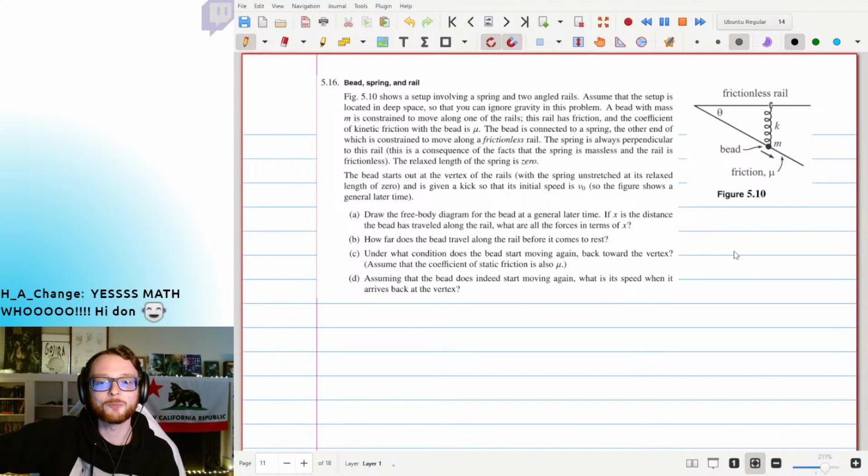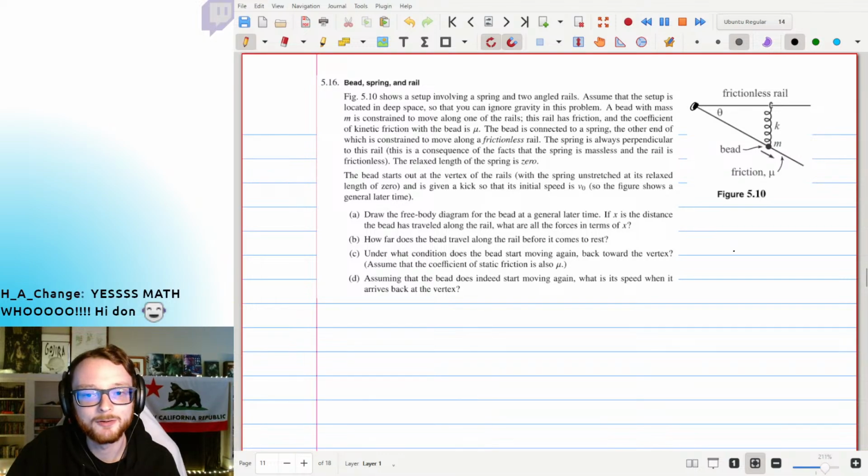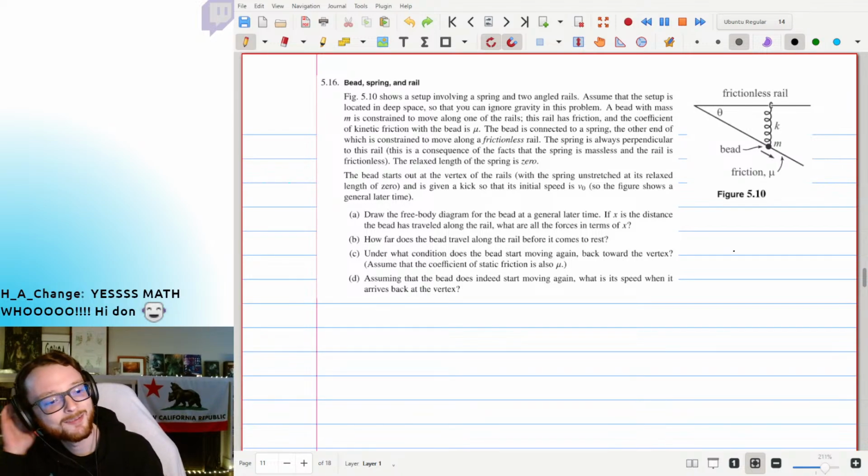The relaxed length of the spring is 0. Huh. The bead starts here. You give it a kick.